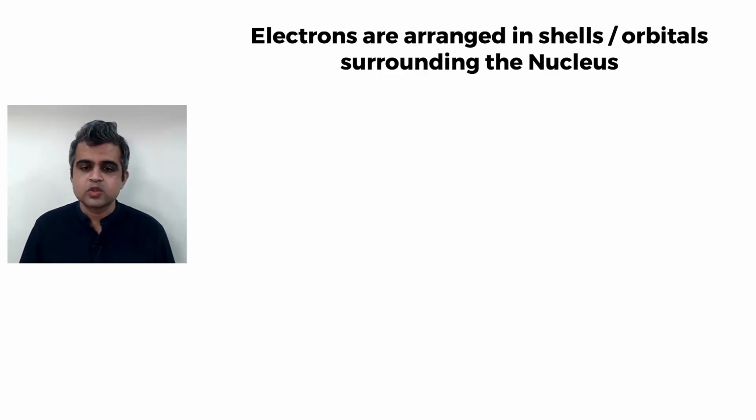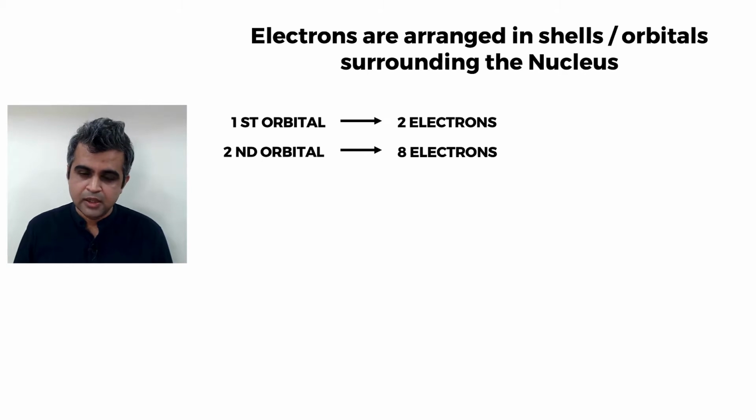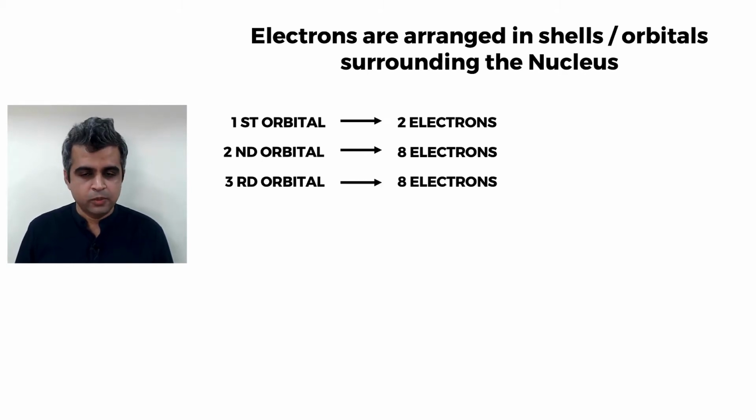Electrons, as you saw in the first carbon atom, will be in shells or orbitals which are surrounding the nucleus. And each atom in its configuration around the nucleus wants about 2 electrons in the first orbital, 8 electrons in the second orbital, and 8 electrons in the third orbital.